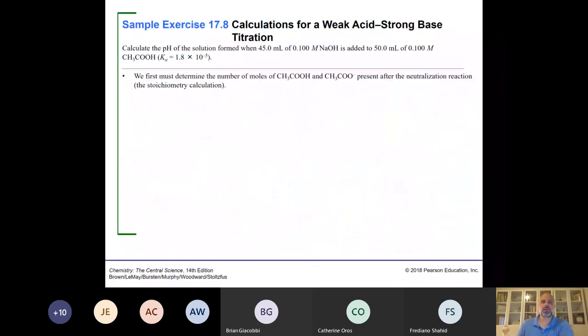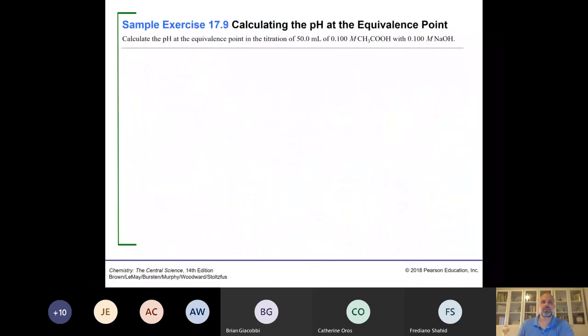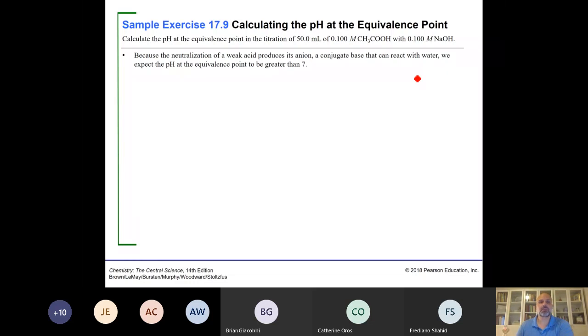With a weak acid and a strong base, it'd be a little different, because now we're going to have an equilibrium that occurs once this reaction is completed. We'll read through the bullets on the slide. It says, because the neutralization of a weak acid produces its anion, a conjugate base that can react with water, we expect the pH at the equivalence point to be greater than 7.